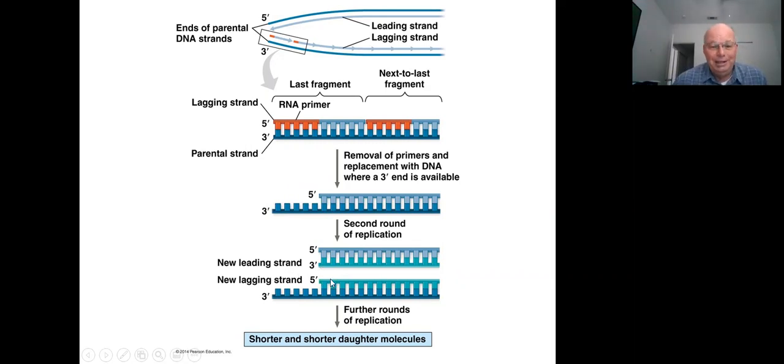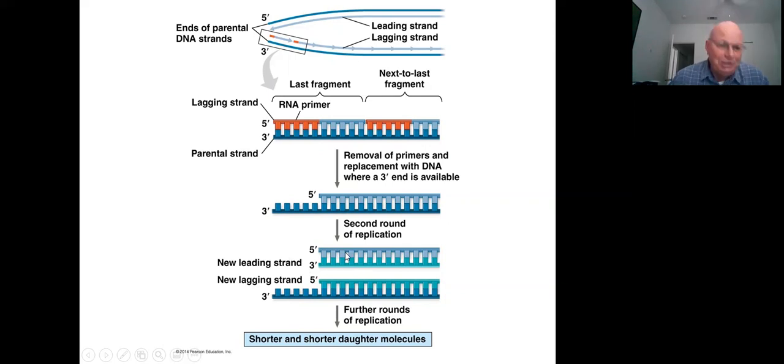every time the DNA is copied, the daughter chromosomes get shorter and shorter, which means that at some point, if nothing changes, the region of the chromosome that contains genetic information is going to get impacted and is going to start to get deleted as the chromosomes get shorter and shorter.